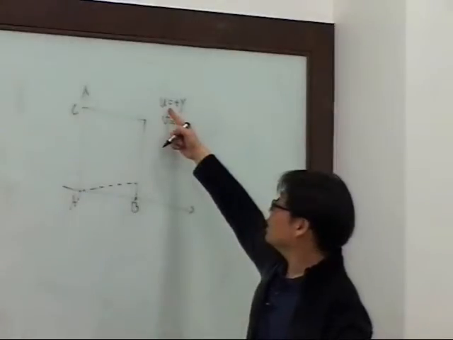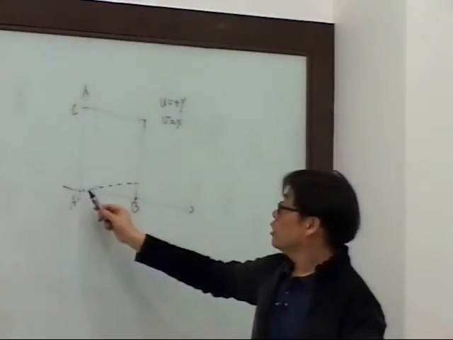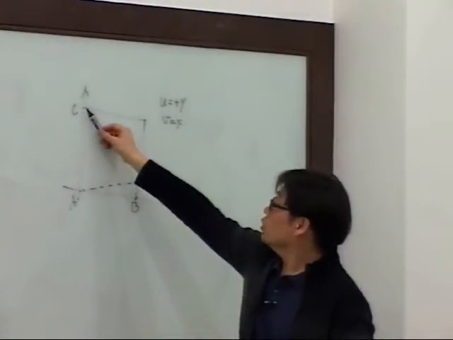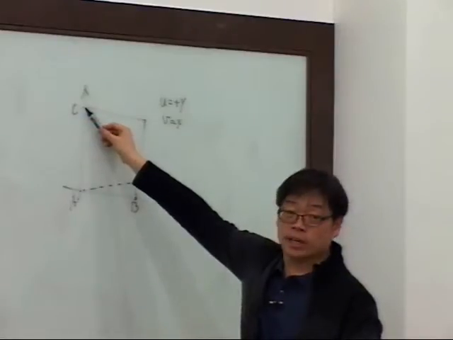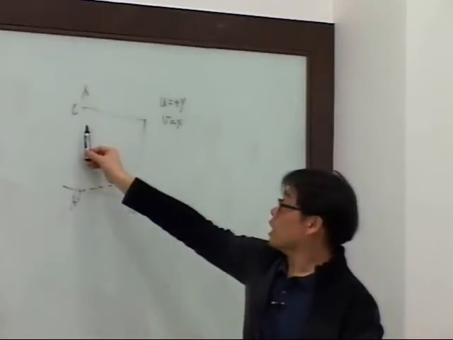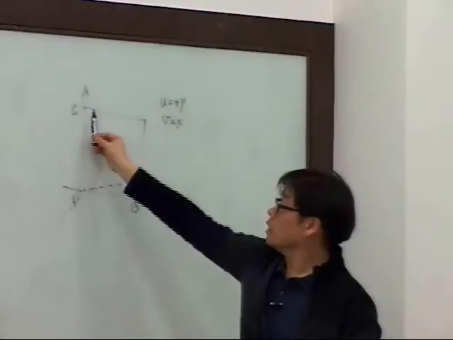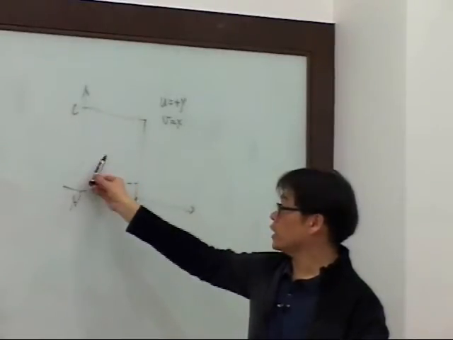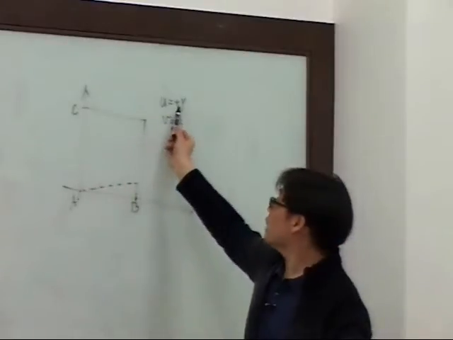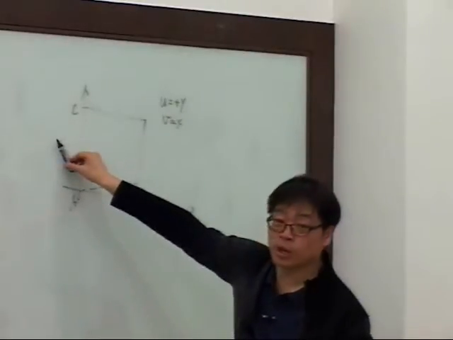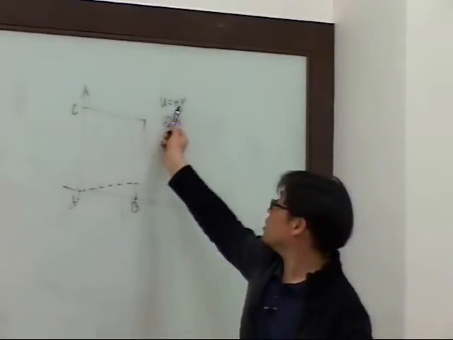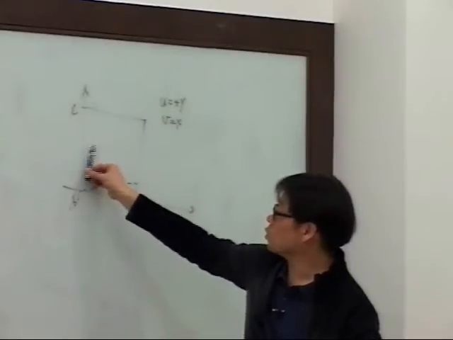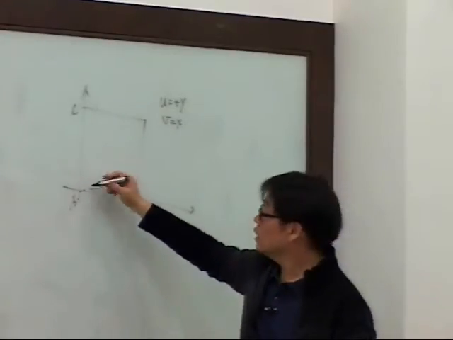But what happens here? The u velocity is greater here, so this line is rotating in this way. Previously, I had a negative sign, so it rotated this way. This time, I have a plus sign, so this AC is rotating counterclockwise.